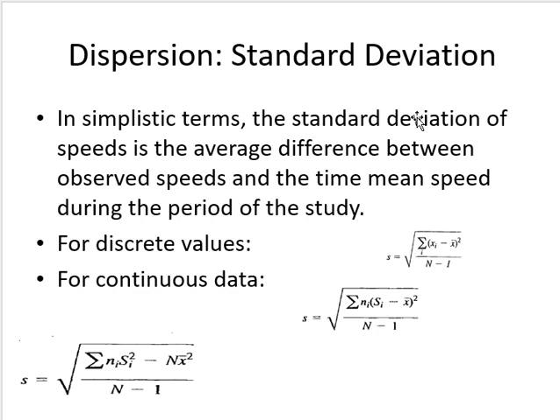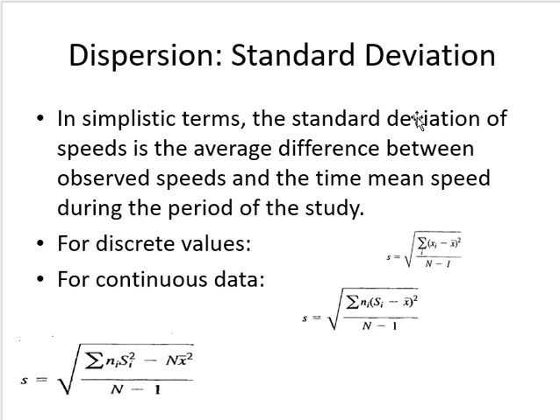X bar? Average or the mean. We already calculated. So what is capital N? Total number of values. So summation of small n will be equal to what? Total number of values, which is capital N, right? Summation of n is equal to capital N.